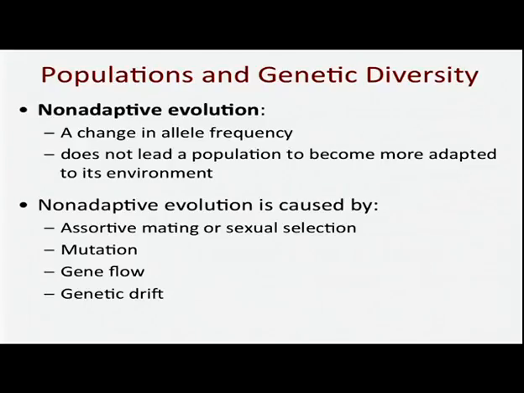Okay? So the ones that we're going to talk about: the first one's known as assortative mating or sexual selection. There's random mutations that might cause a major change, the process of gene flow, and then genetic drift. So we're going to talk about all four of these things, which are considered non-adaptive evolution.